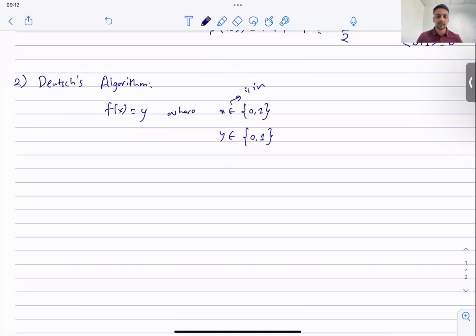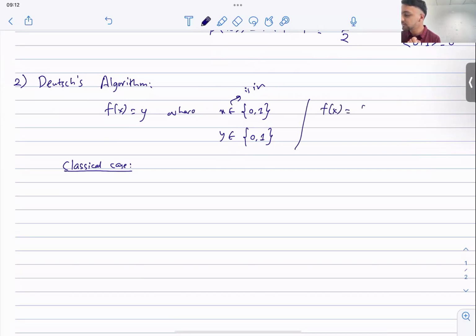So Deutsch's algorithm only applies to this single bit case. In the classical case, we said that to check if a function is constant or balanced, constant means f(x) equals f(y), and balanced means f(x) is not equal to f(y), for all x and y.